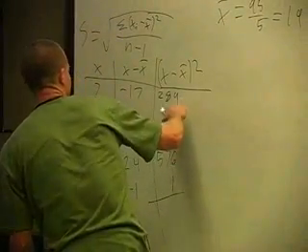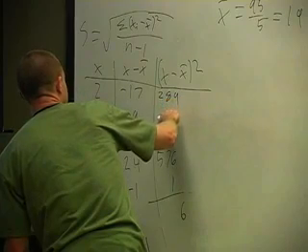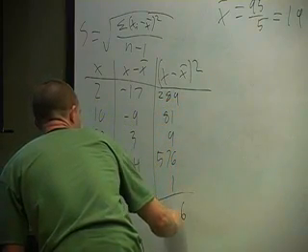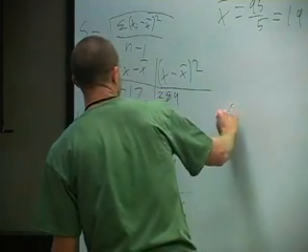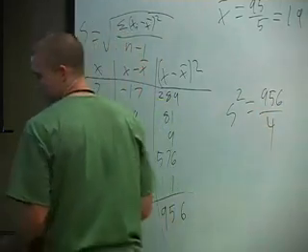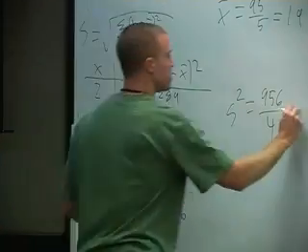Okay, the sum is 956, does that look right? 956 over 4 is 239. So 239 is your variance.